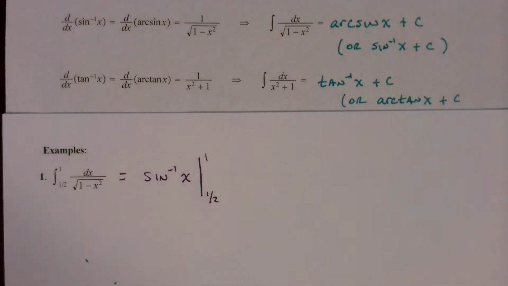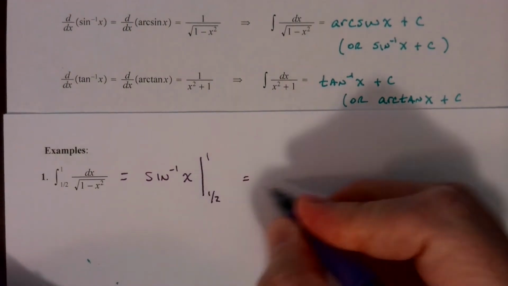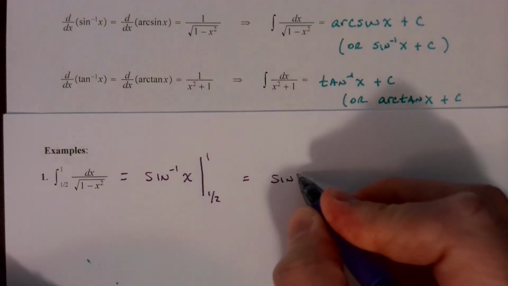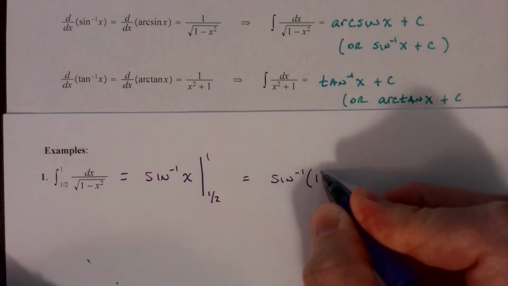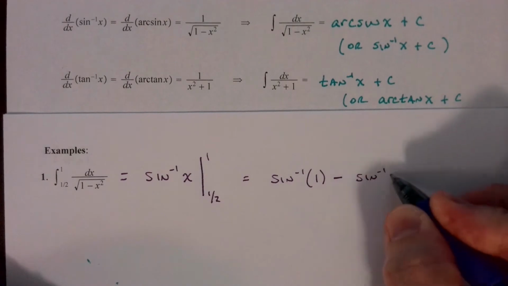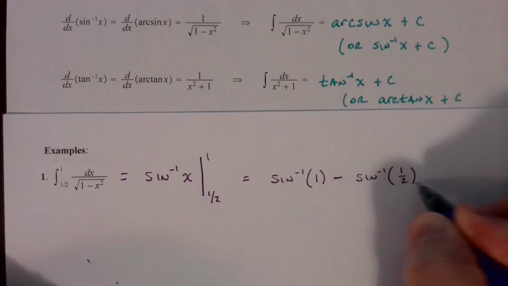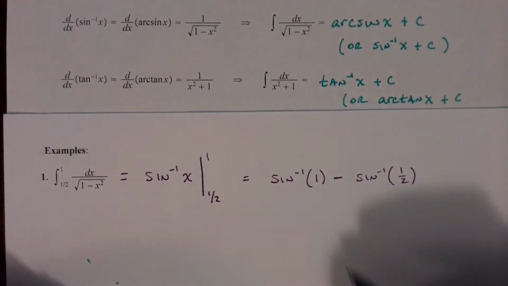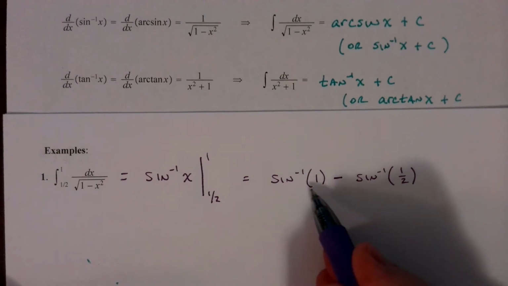I expect you to be able to find the exact value of the inverse sine at these values. So I evaluate it at 1 and I evaluate it at a half. So what is the sine inverse of 1?